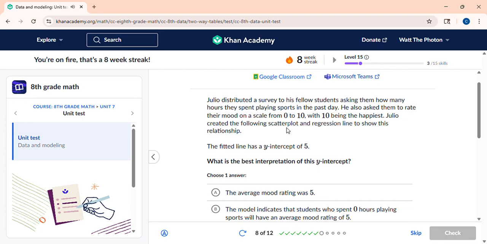Julio surveyed his fellow students, asking them how many hours they spent playing sports in the past day. He also asked them to rate their mood on a scale of 0 to 10, with 10 being the happiest. Julio created the scatter plot and regression line to show this relationship. The fitted line has a y-intercept of 5.